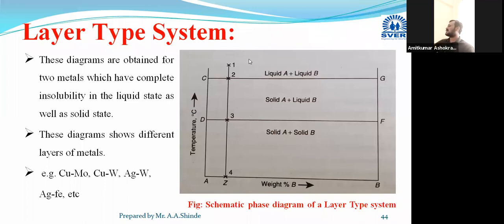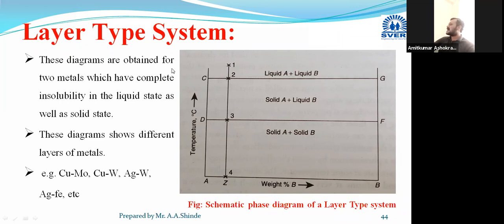The schematic representation for it is clearly visible here. All these equilibrium diagrams and their microstructural changes diagrams I have taken from V.D. Kodgire's book, or you can easily search for them on the internet also. This is the schematic representation of the layer type phase diagram.